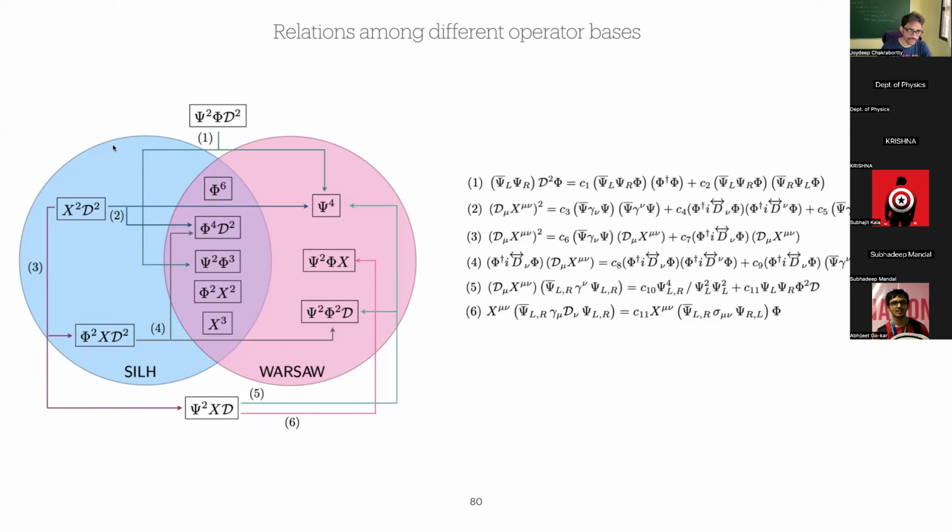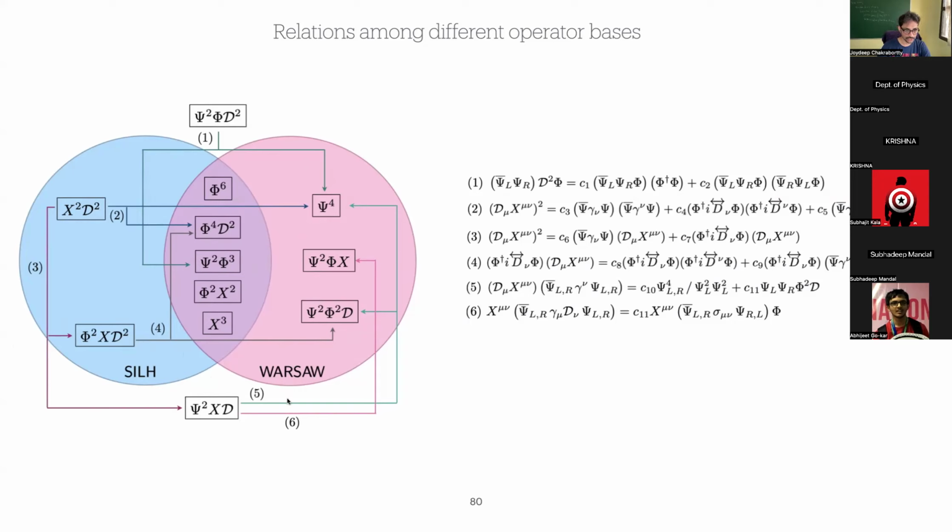Now this is the SILH one where you have all these operator classes, and you have the Warsaw one with these operator classes, but you still have two more operator classes, this and this one. Interestingly, neither of them is included in these operator classes. These arrows show you how to go from one to another.